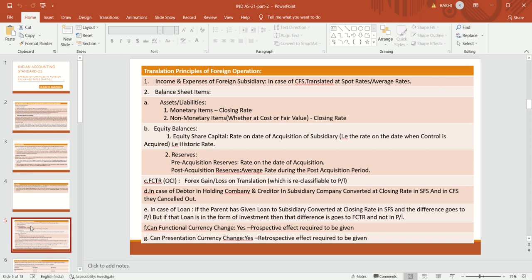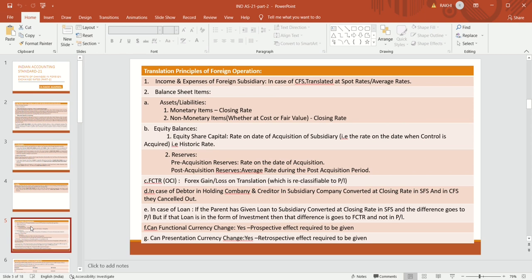For reserves, pre-acquisition reserve is at the rate on the date of acquisition, and post-acquisition reserve at the average rate during the post-acquisition period. In case of reserves, FCTR, the foreign currency translation reserve, is all to be recognized in OCI, that is the foreign exchange gain or loss on translation.